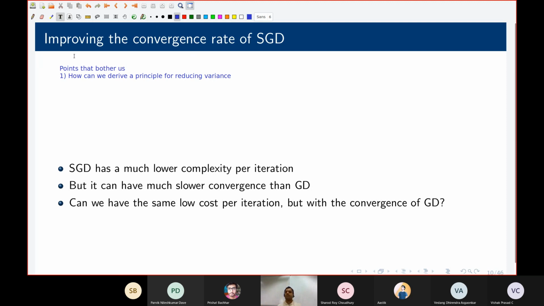Let's say I come up with accelerated versions. With acceleration also I want to reduce the variance. What's that basic idea? Is mini batch the only way of reducing variance? And why does mini batch reduce variance in the first place? Okay, so we'll try and look at this.